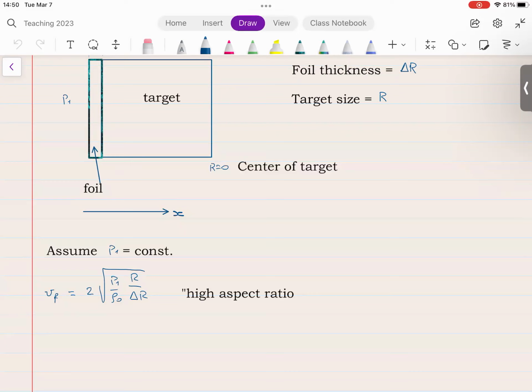High aspect ratio target gives larger velocity.